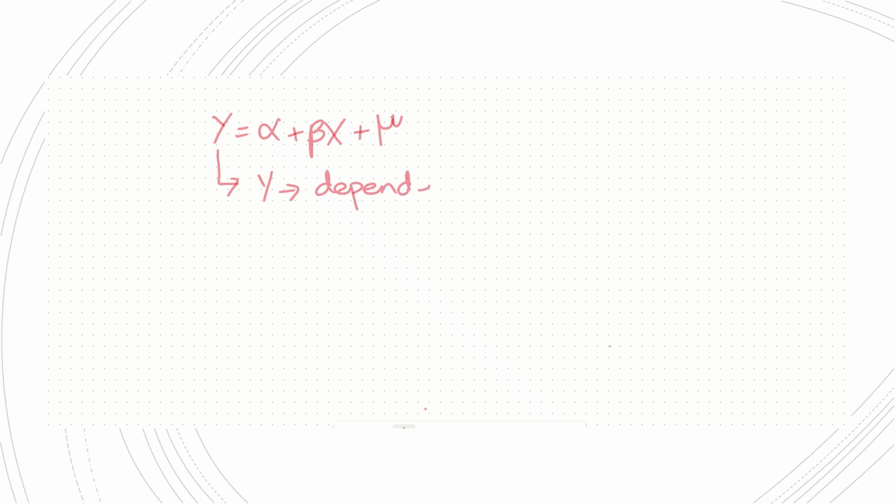Okay, to start with, we have this equation: y is equal to alpha plus beta x plus error term. Over here, y is the dependent variable, and x is your independent variable. We can also call it explanatory variable or regressor.